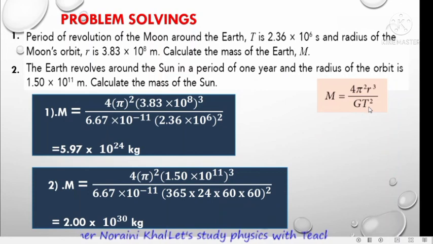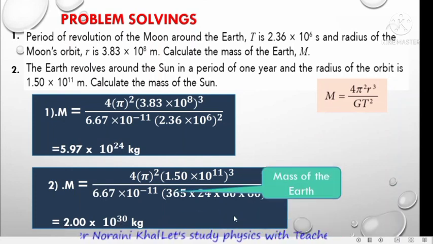Remember, the period must be in seconds. 1 year is 365 days, and you need to convert to seconds: 1 day is 24 hours, 1 hour is 60 minutes, 1 minute is 60 seconds. Then you calculate carefully using a calculator. You will get the answer of about 2 times 10 to the power 30 kilograms.